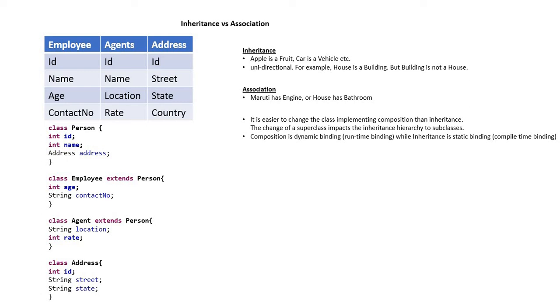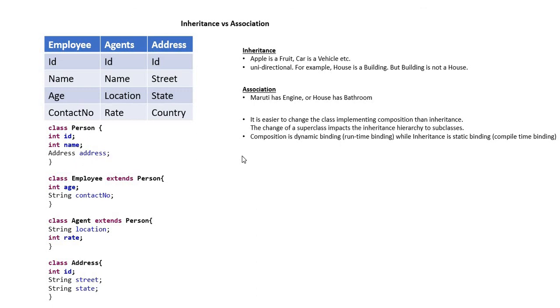On the other side, one more advantage of having association is, let's say with address, I can have any number of addresses. I can have a business address, I can have a home address, I can have a work address, right? So what will happen is at runtime I will decide which address I want to bind, and I will create that object and bind it to the person's address.